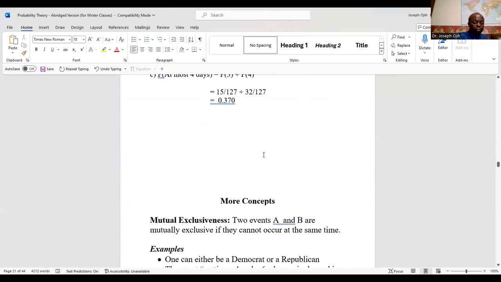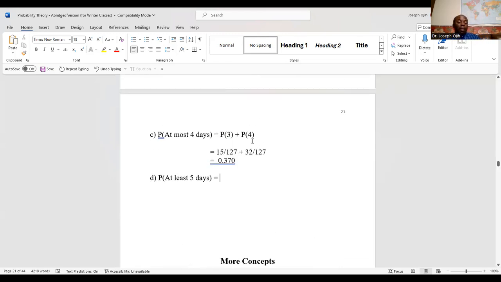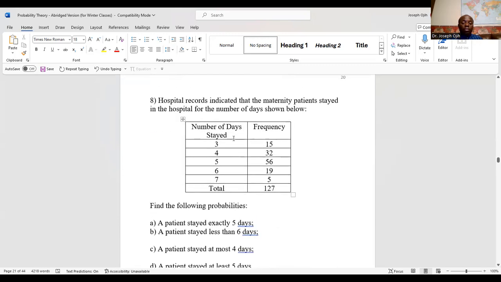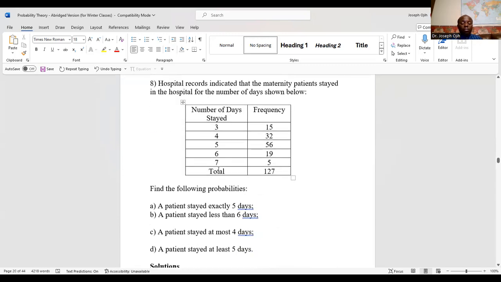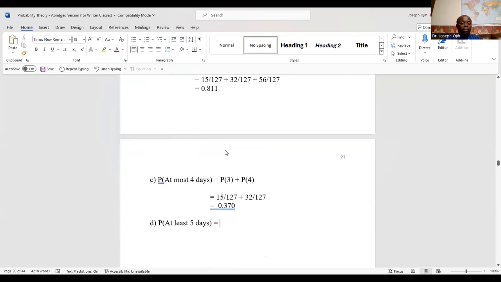The probability that the stay is at least 5 days equals 5 days or more. I'm just going to count 5, 6, 7.